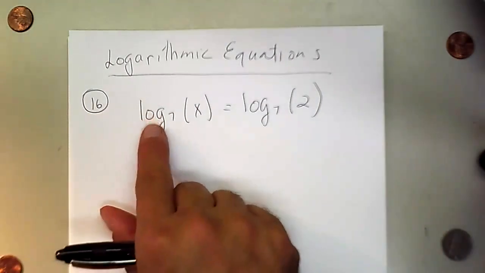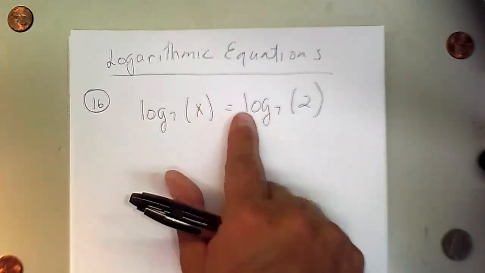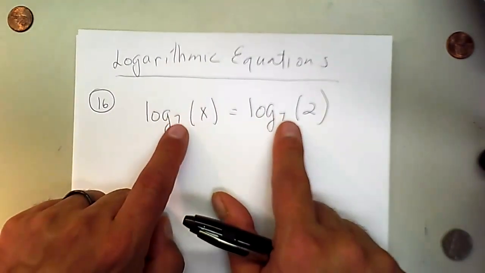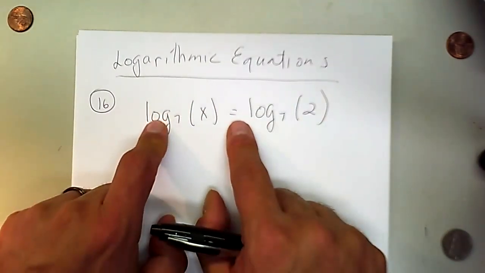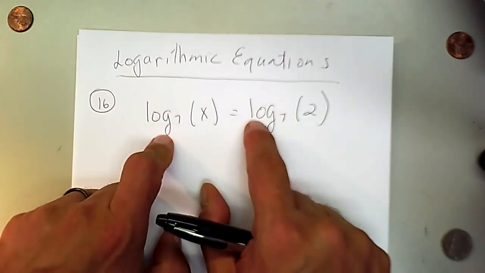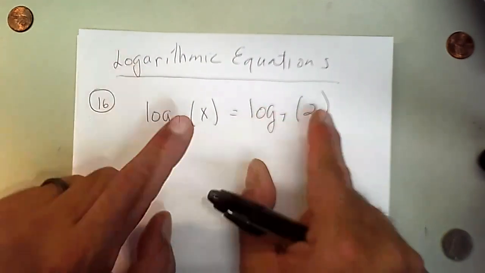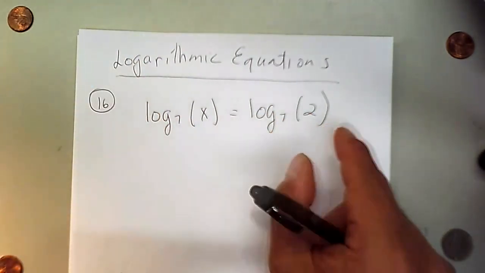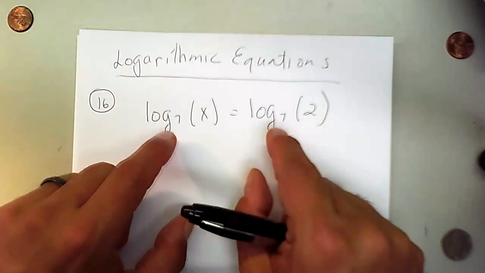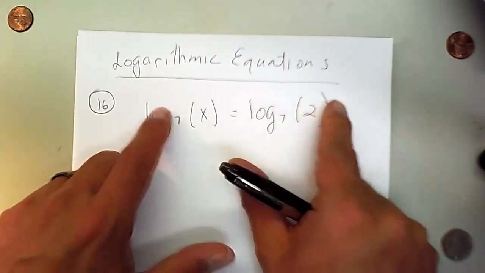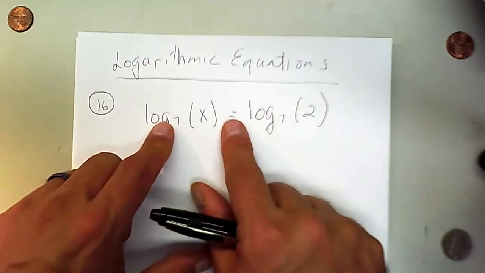If you have pure logarithms and nothing else, just pure logarithms of the same exact base, logarithms are one-to-one or invertible. What that means is that the inputs and the outputs are faithful. That means that there's only one input for every output and one output for every input. To make the long story short, those two outputs are the same because they're equal.